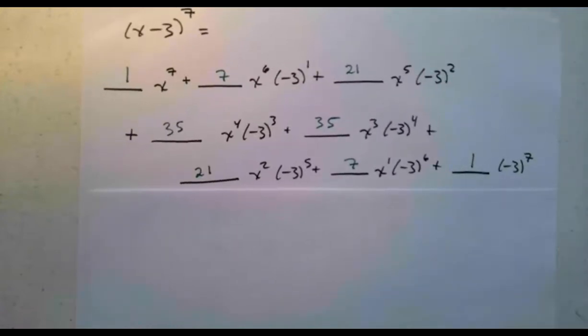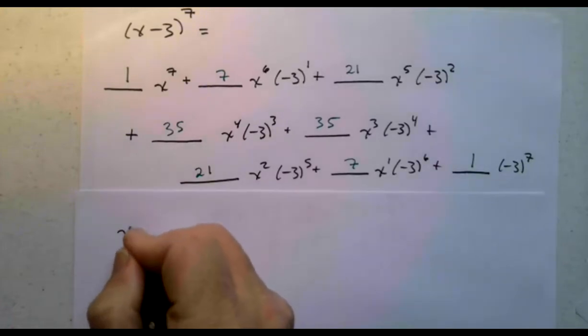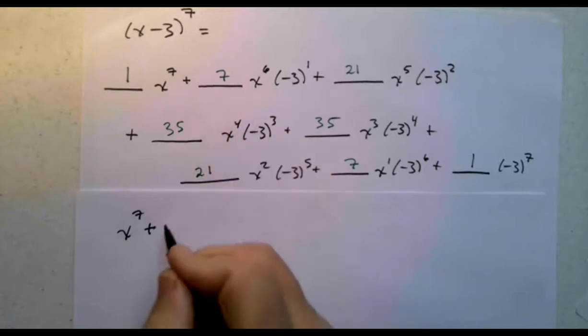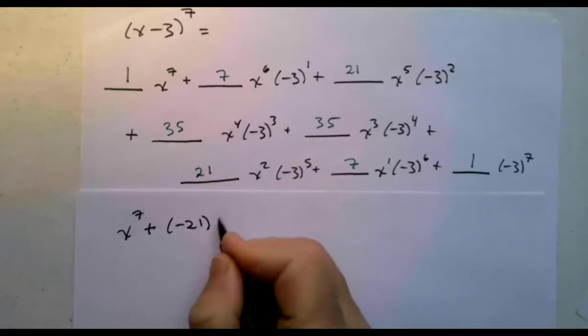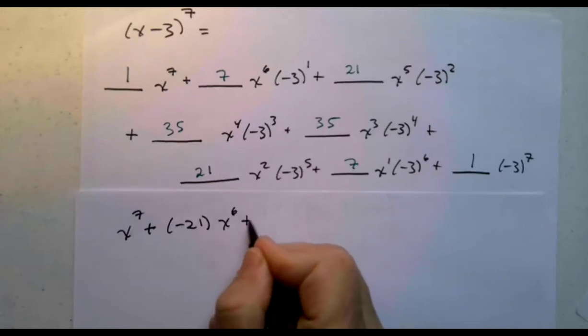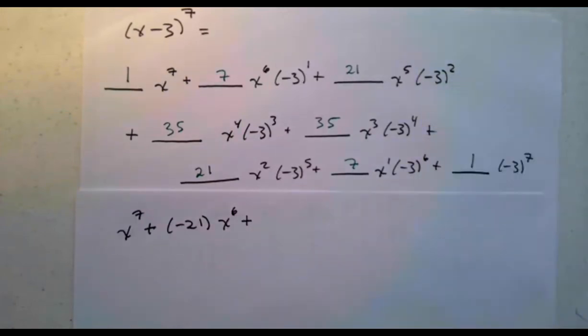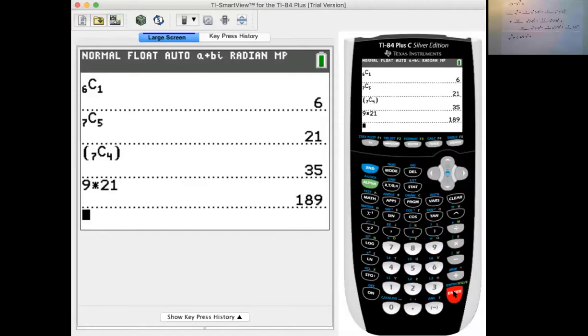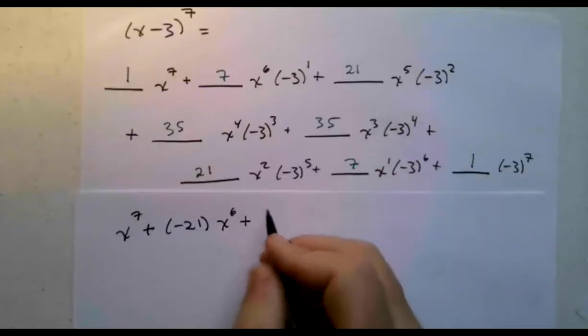What do I have? I have 1x to the 7th. Plus -3 to the 1st times 7 is -21 x to the 6th. Plus -3 squared is 9. 9 times 21 gives me 189 x to the 5th.